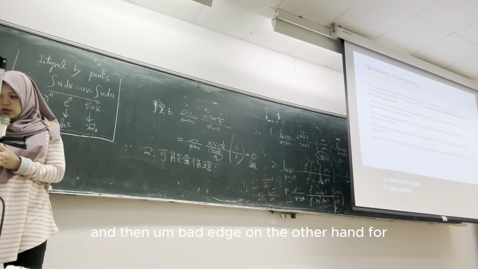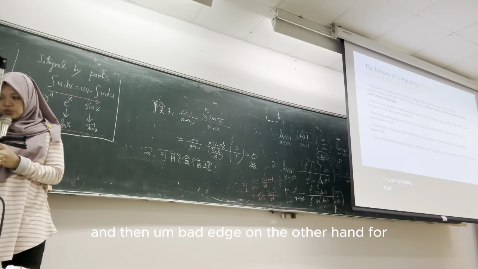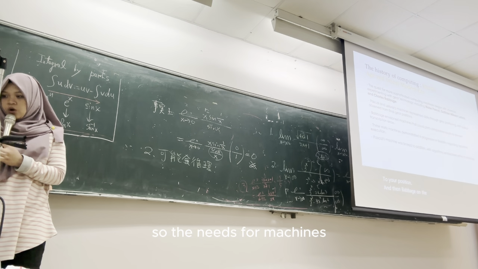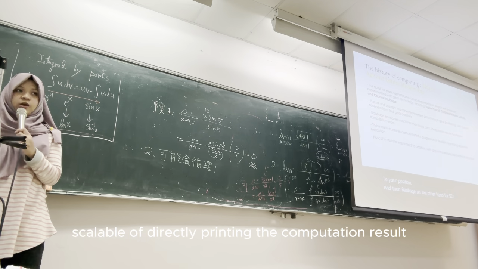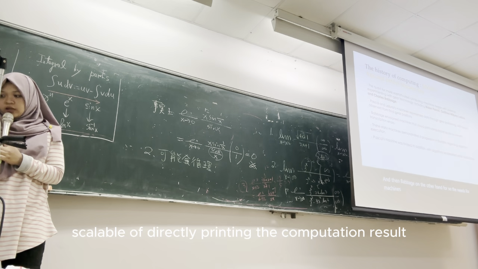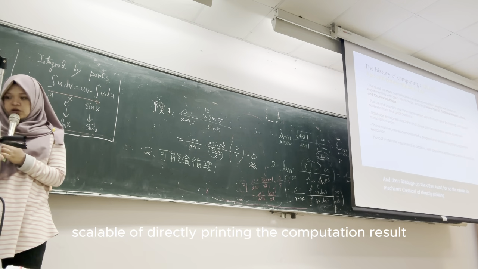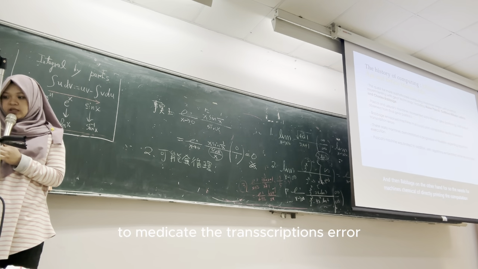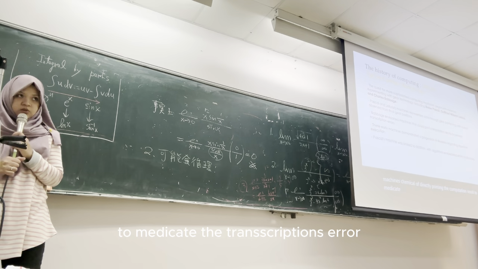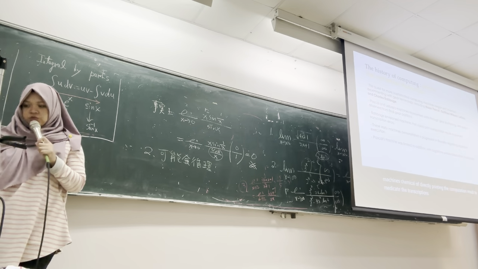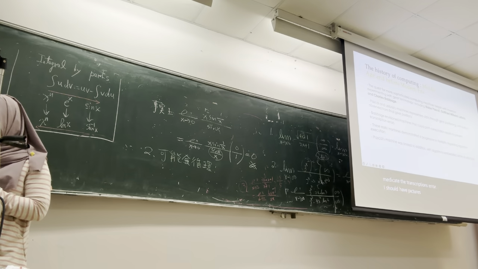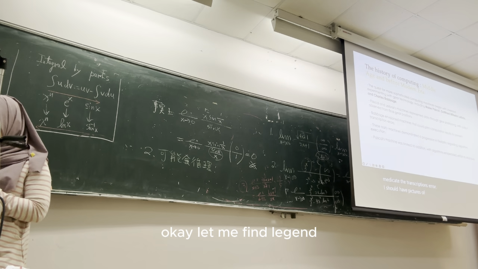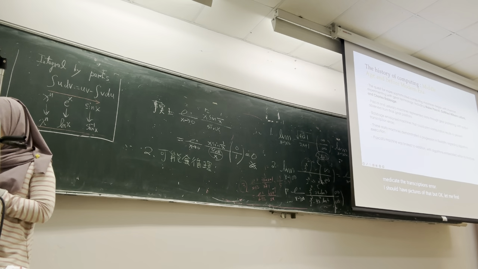And then Babbage, on the other hand, foresaw the need for machines capable of directly printing the computation result to mitigate transcription errors. I should have pictures of that, but okay, let me find them later.